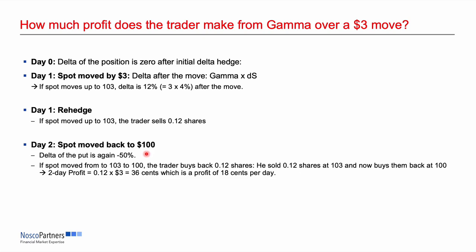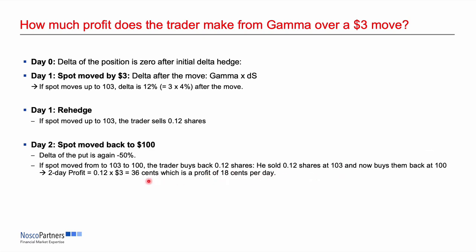So to re-hedge, the trader now buys back the 0.12 shares he just sold yesterday. Over this move, he sold 0.12 shares at 103, and now he buys back the 0.12 shares at 100.